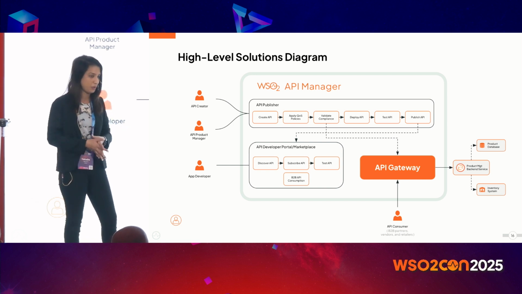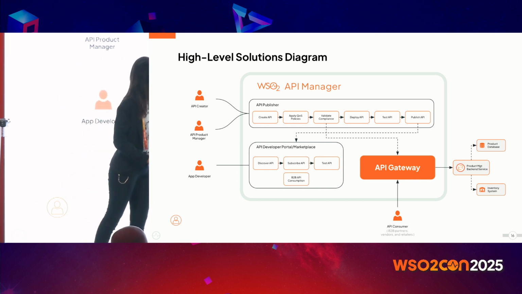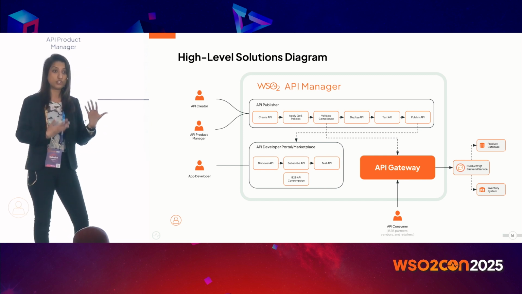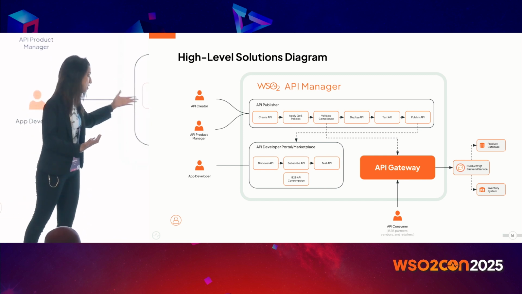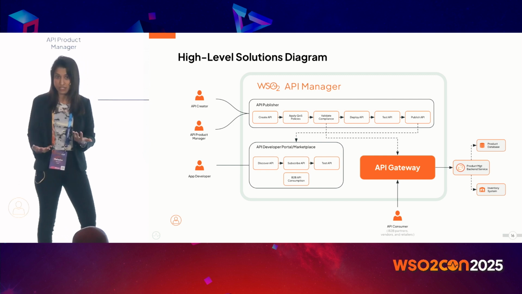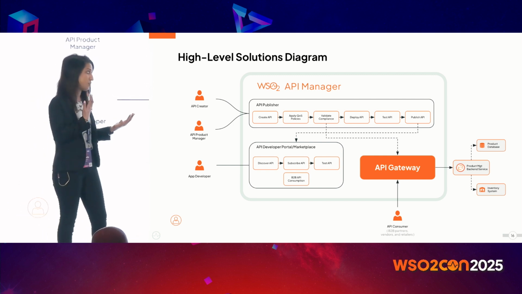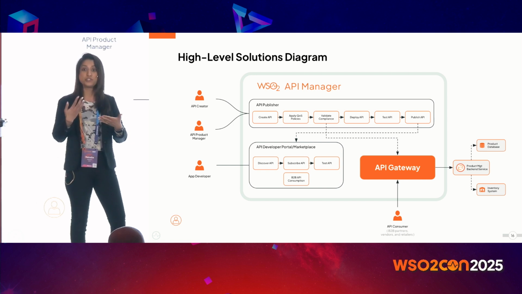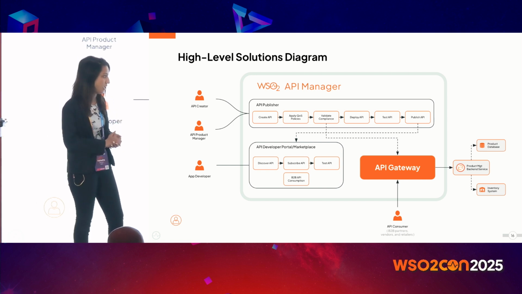to the developer portal. And this is the developer portal or the marketplace. As a consumer, we would show you how you can come into the developer portal, discover the API you can use, subscribe to it, test it, and then start consuming it in your actual application.